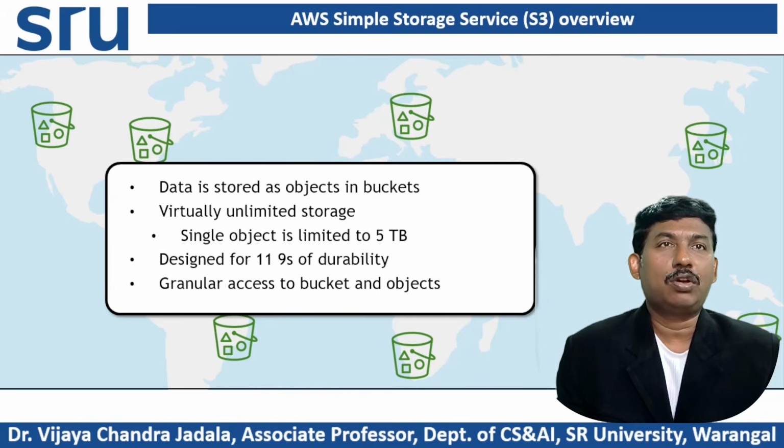An object consists of the data itself, user-defined metadata and a unique key for identification. That means every bucket you create should have a unique name, and based on this unique name the data will be stored in AWS. Within the bucket the data is an object, and the container is the bucket where the object will be stored.